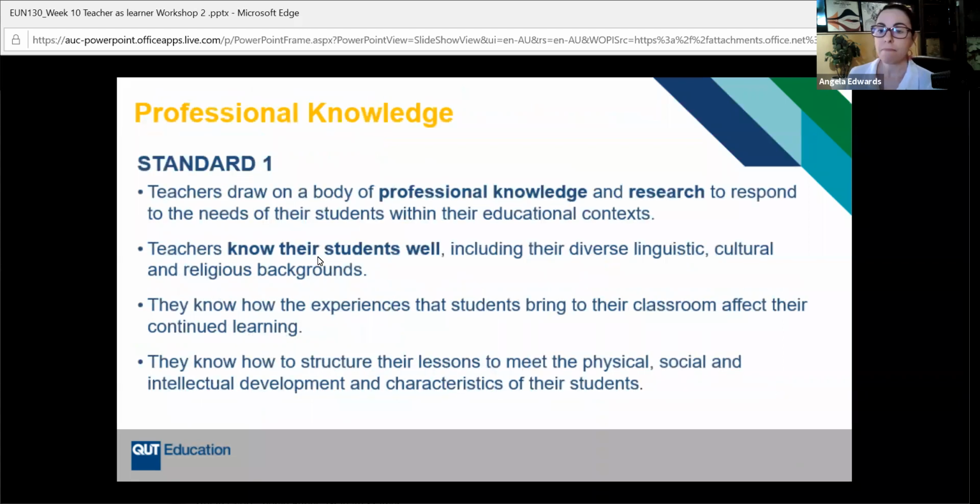So how might you link these teaching domains to your teaching practice? Let's first look at professional knowledge, standard 1. Teachers draw on a body of professional knowledge and research to respond to the needs of their students within their educational context.